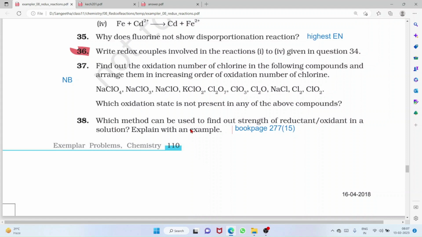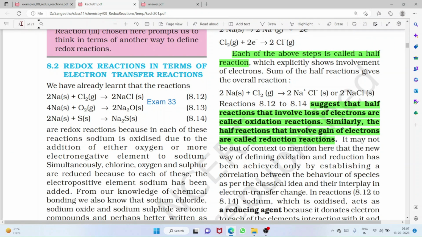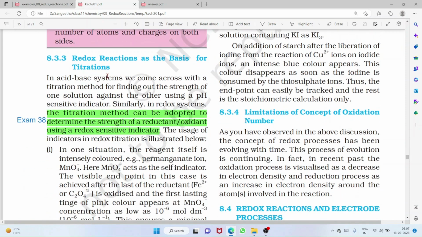Which method can be used to find out the strength of the reductant or oxidant in a solution? The example is also given in the book. So you can go through this method on how to find the strength of the oxidant and reductant.